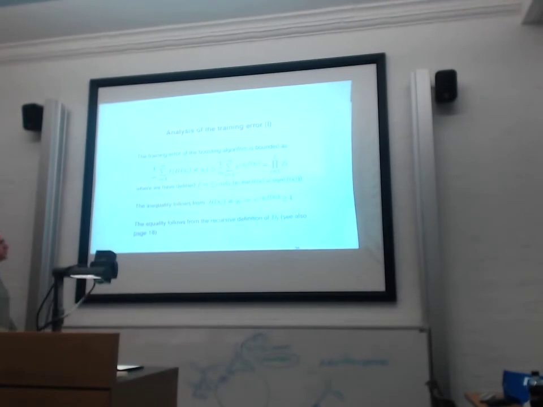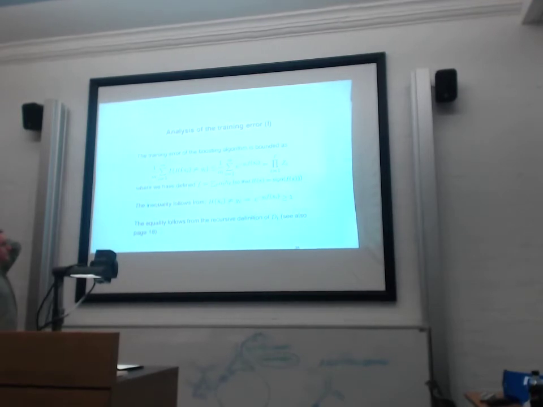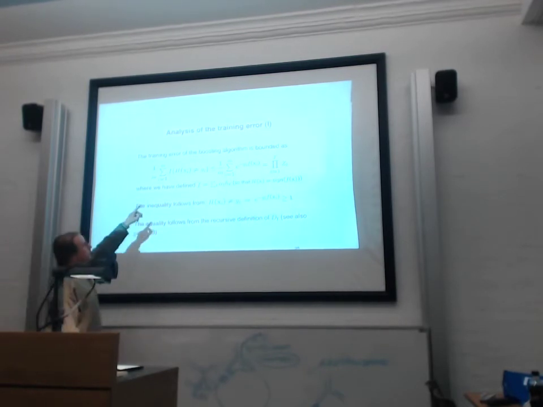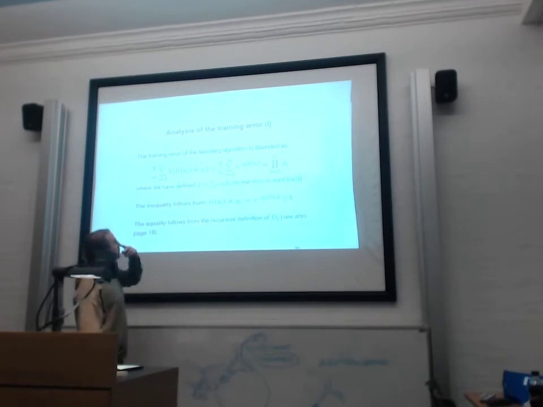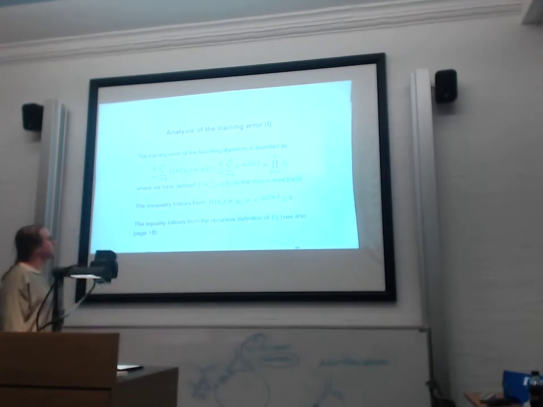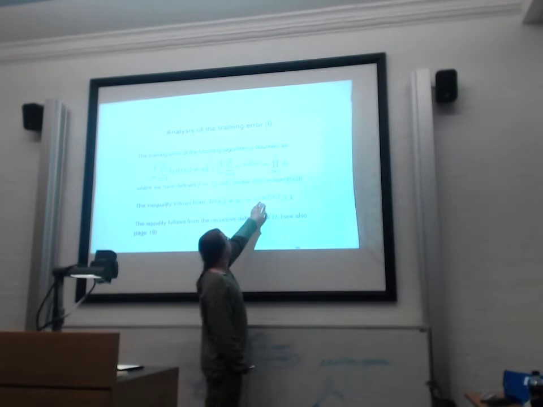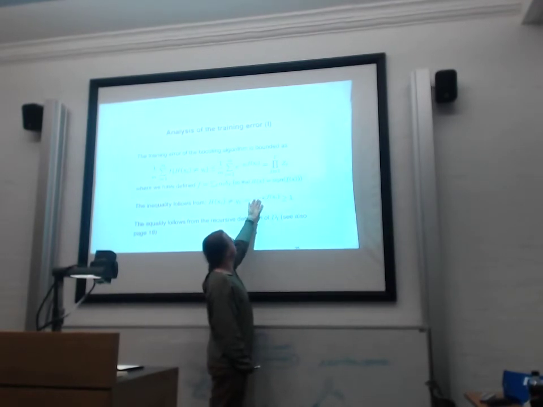So, the first side of the inequality we can check: if h(x) does not equal y, this is negative, so this is positive, so e to that is more than 1.